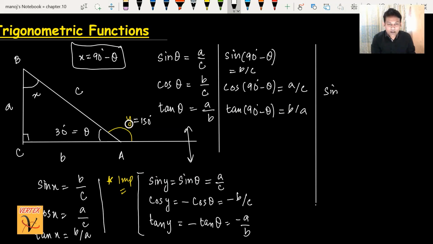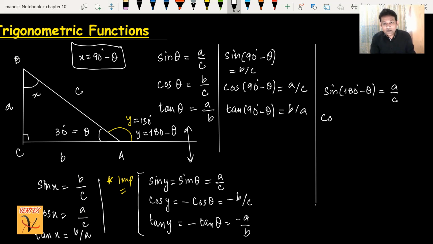What is sine y? Can we write that y is equal to 180 minus theta? Yes. So whenever they ask for the ratio of sine 180 minus theta, I will write sine y, where y is 180 minus theta. So I will write only sine y, and sine y is equal to a upon c.